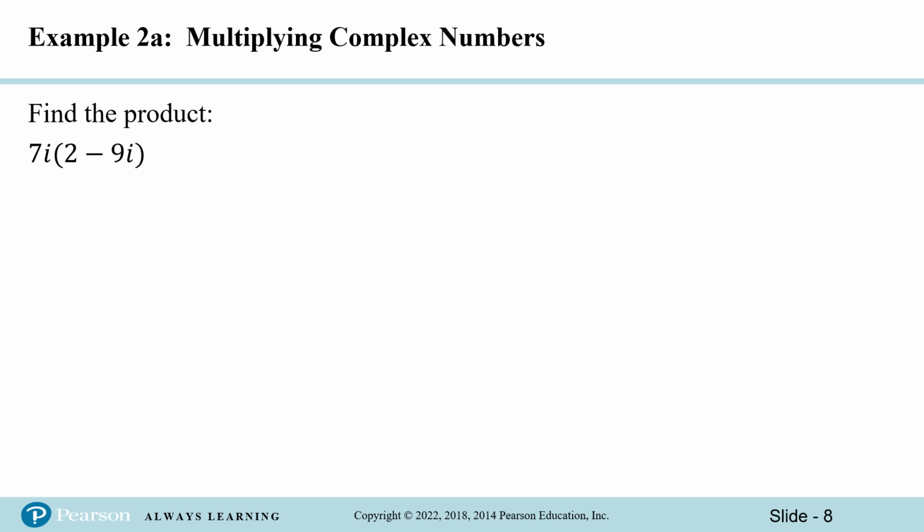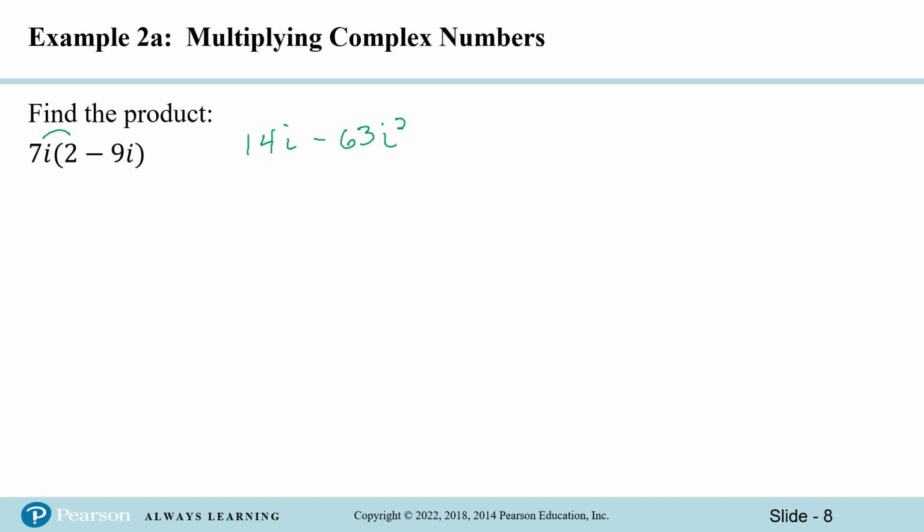To multiply, in this case, we would distribute. So we would multiply 7i times 2 and 7i times 9i. With this one, we're going to get our -63, and we're going to multiply i times i.